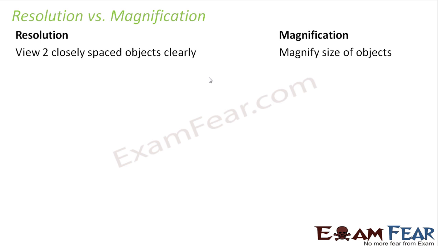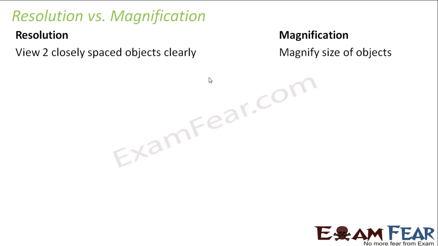So for example, let us suppose there is some object which is kept. Suppose there is a glass of water. You are using a magnifying glass. Your purpose is to magnify the size of that glass. You really are not bothered that even if the size is magnified to a very large extent, the resolution might become worse. That means the clarity might become worse, because it happens in many situations.